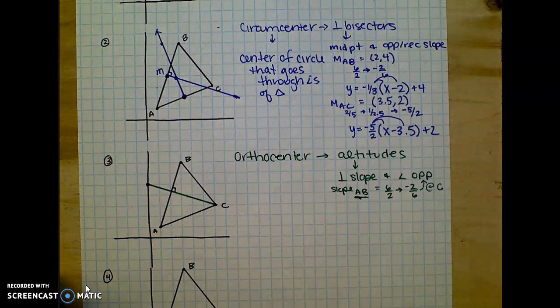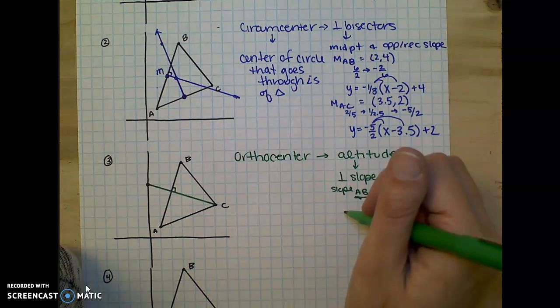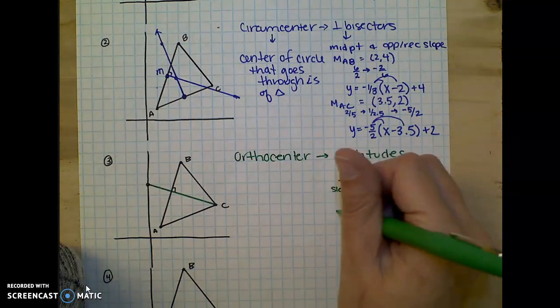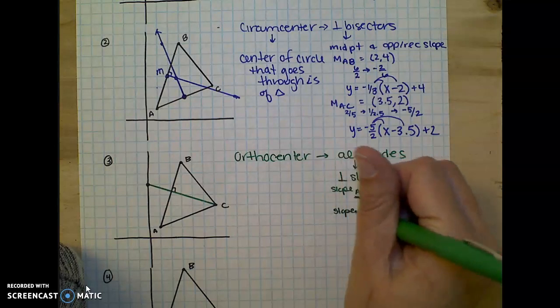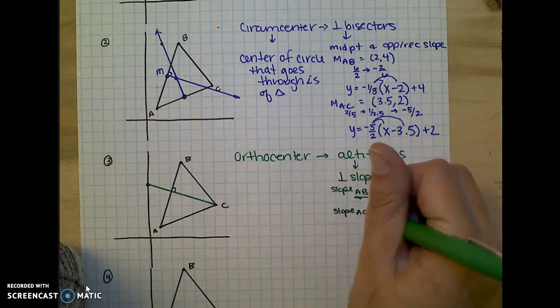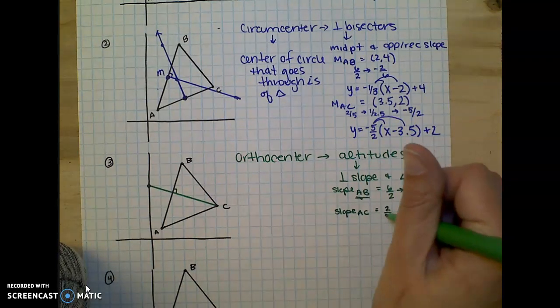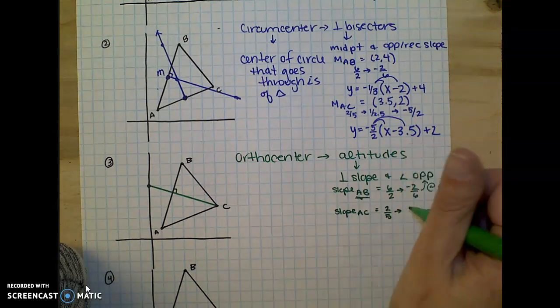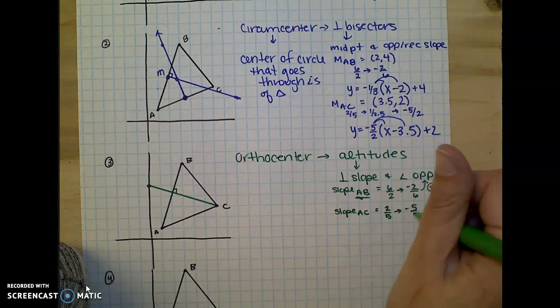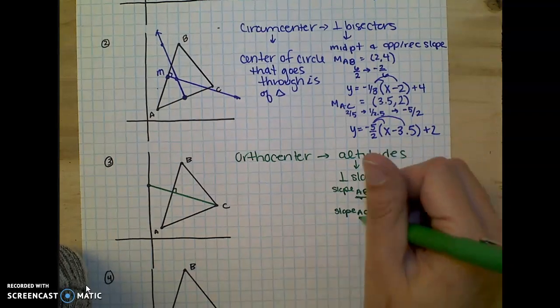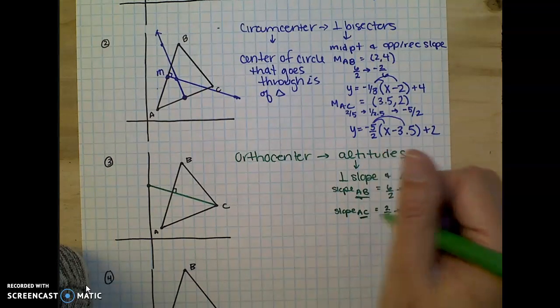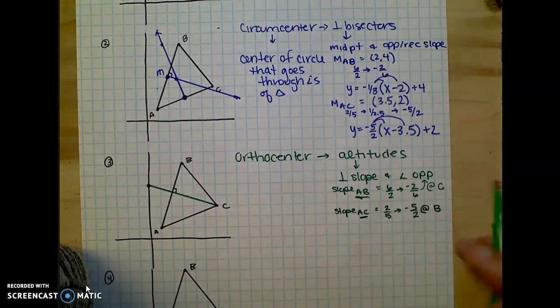Okay. If we needed to do that again, we could do the slope of AC, which again we found was up 2 over 5. Opposite reciprocal of that will be negative 5 over 2, but I need to do that at the point across, so the one not included, which is B. Okay.